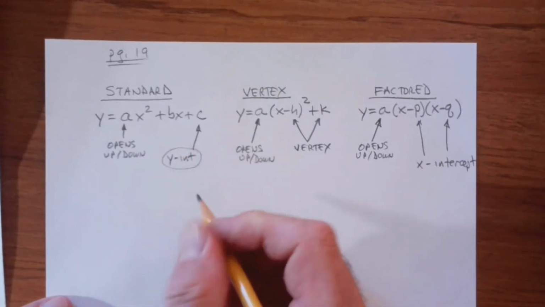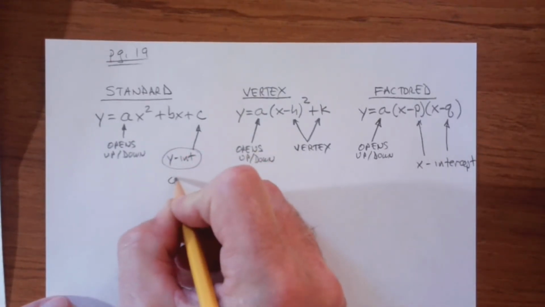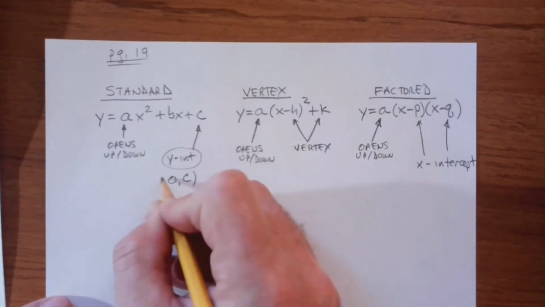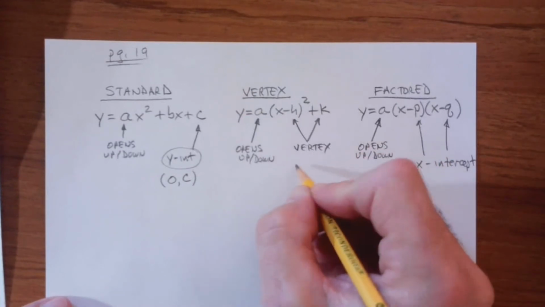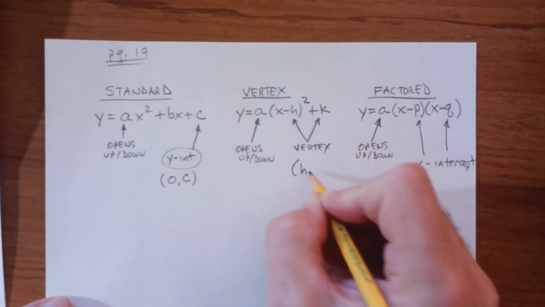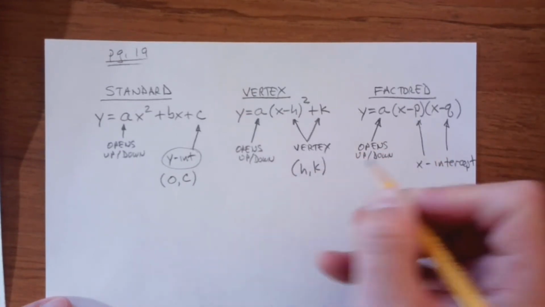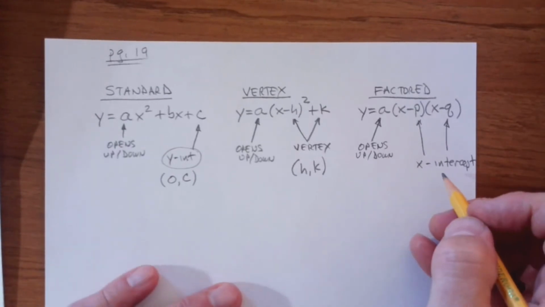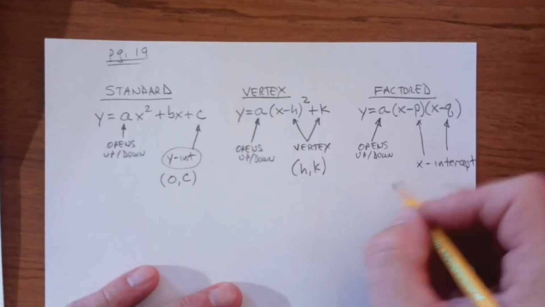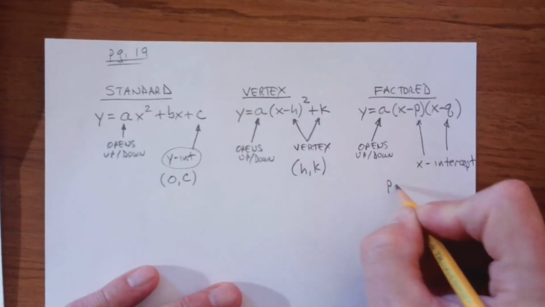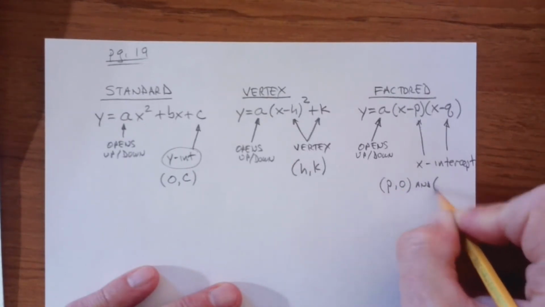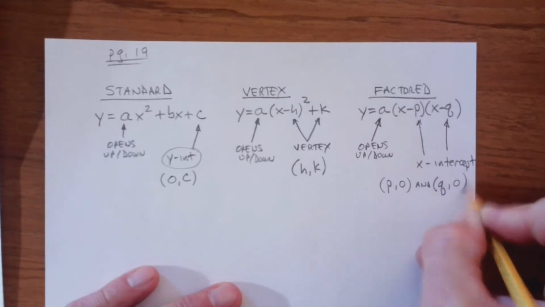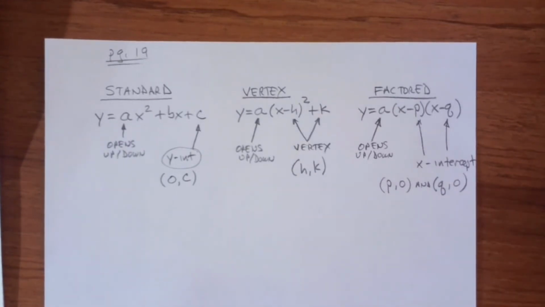Standard form gives us the y-intercept at (0, c). Vertex form gives us the location of the vertex at (h, k). And factored form gives us the x-intercepts at (p, 0), and the other one is (q, 0). Okay? So that's what we have learned so far.